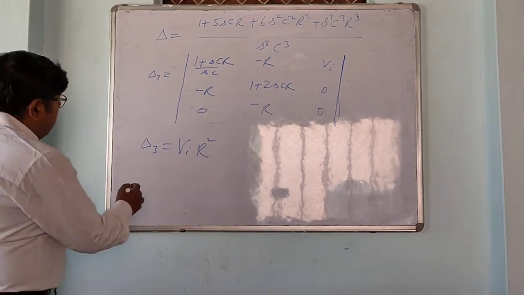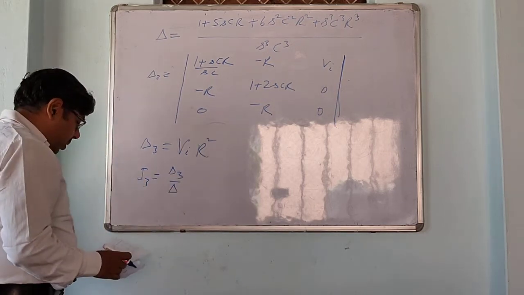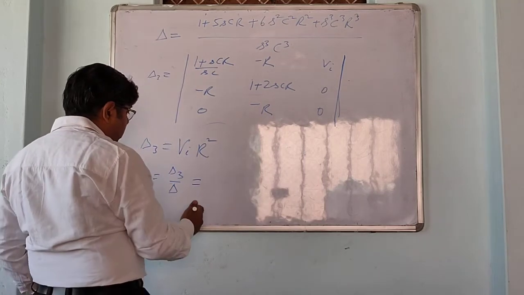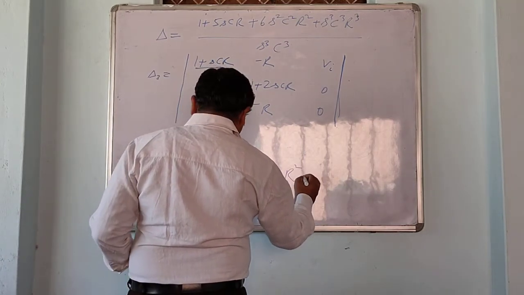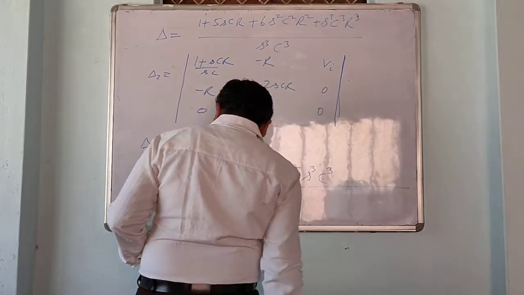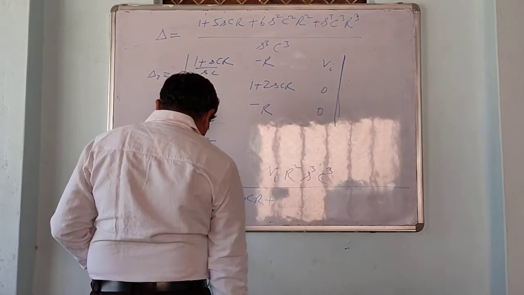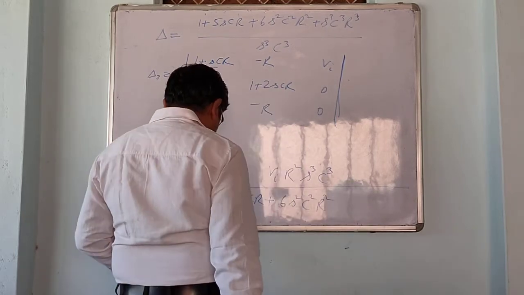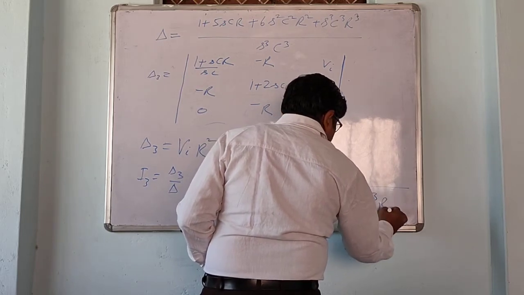Now come to I3, which is delta 3 upon delta. So what is this value? Simply put these two values, you will get Vi R square S cube C cube, whole divided by 1 plus 5 SCR plus 6 S square C square R square plus S cube C cube R cube.